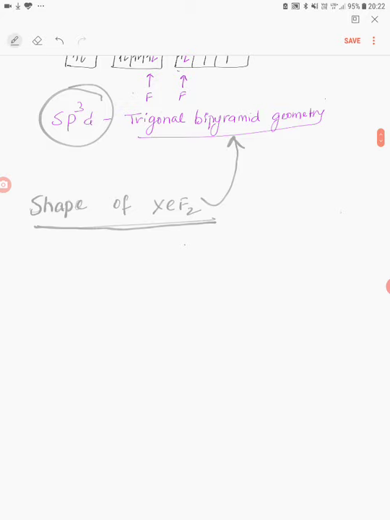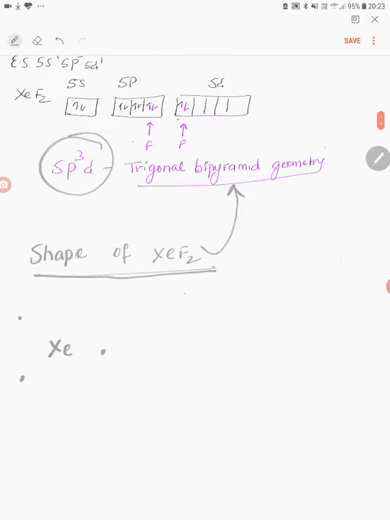See, three possible arrangements are there with respect to this trigonal bipyramidal, as we discussed, where the lone pairs of electrons are available in these molecules. First arrangement can be like this. If we take these three spots as the three corners of an equilateral triangle, we can have one lone pair here, another lone pair here, and another lone pair here.